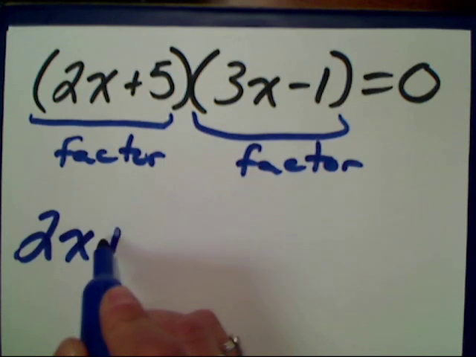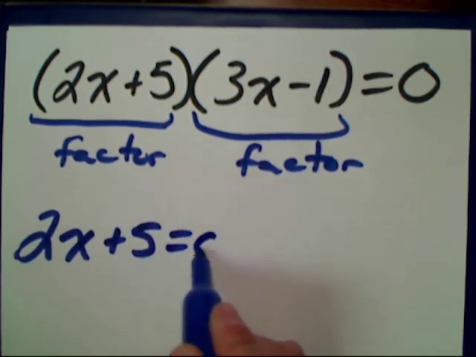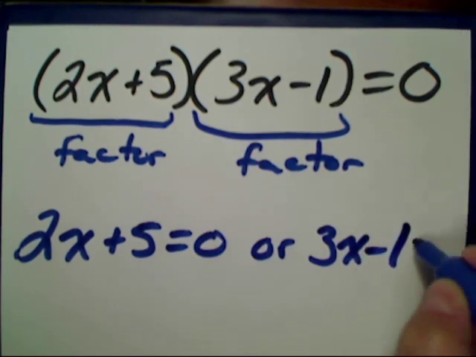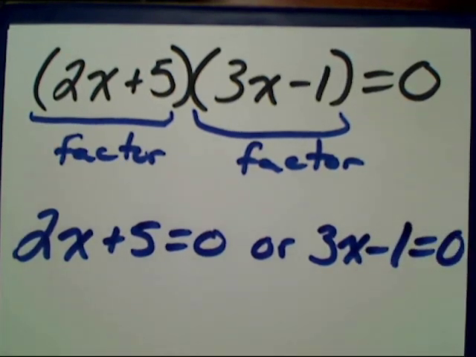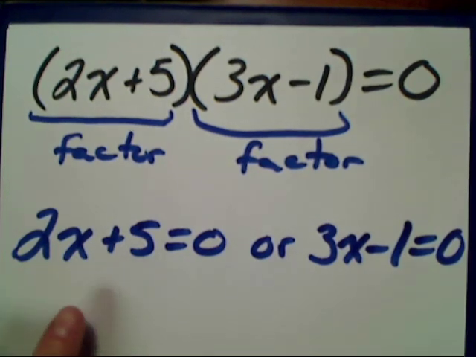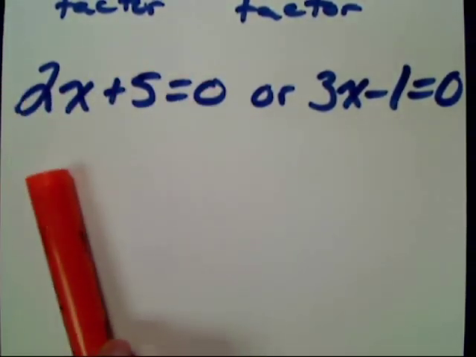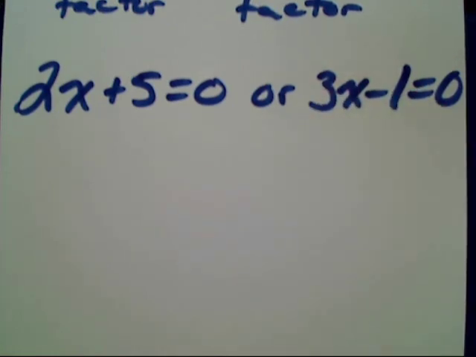So 2x plus 5 would equal 0, or my 3x minus 1 would equal 0. So now I have a smaller problem, a linear equation. These are our two-step equations that I solve separately from each other. This is one equation I solve. This is the other equation that I'll solve.